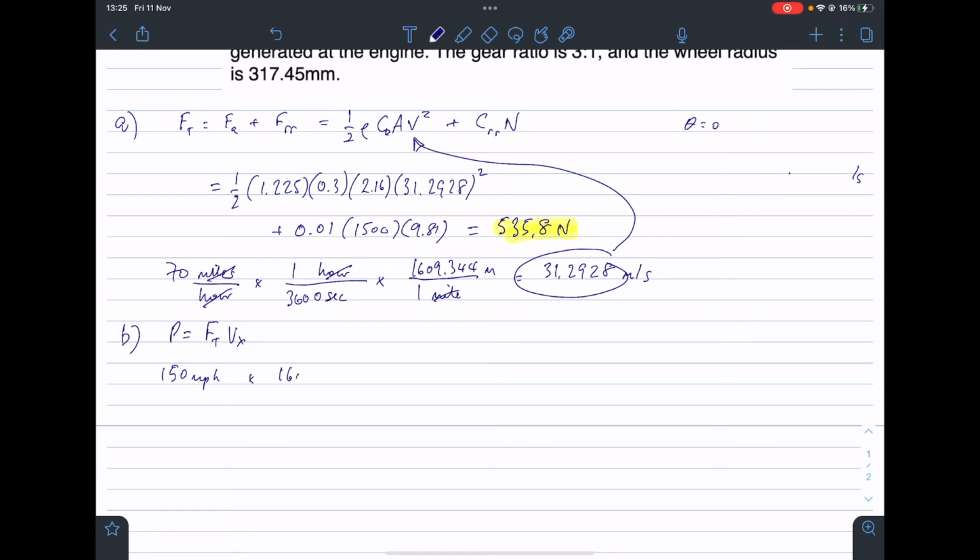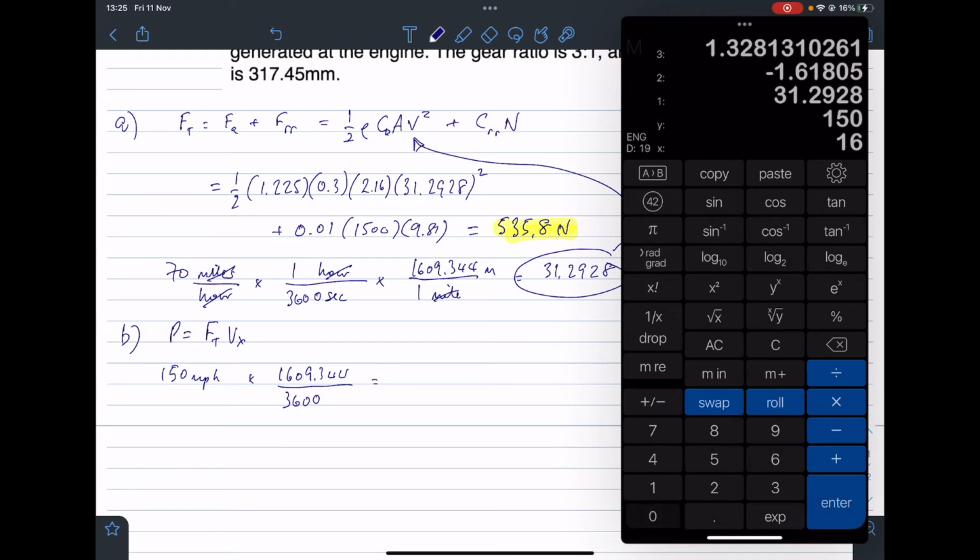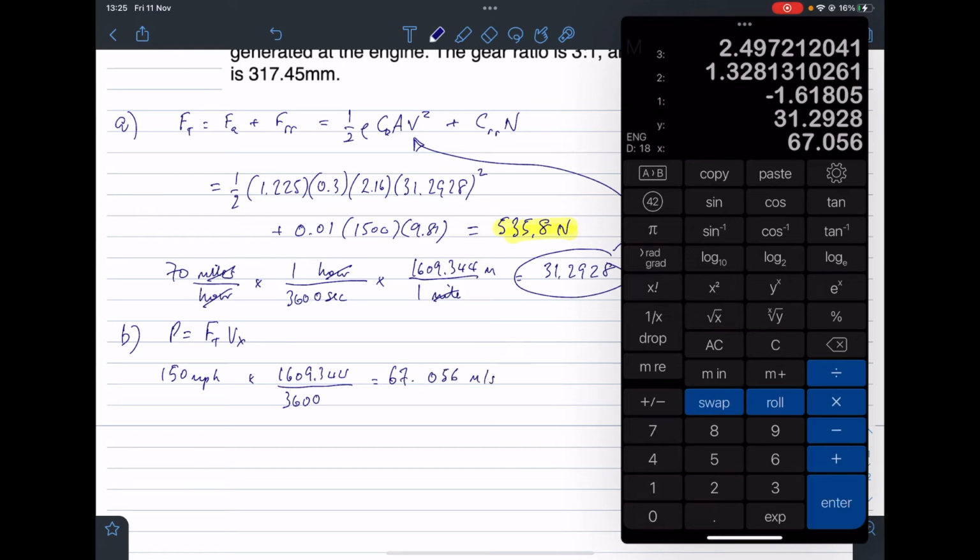So that's 1609.344 divided by 3600, and if we take 150, we get 67.056 meters per second.